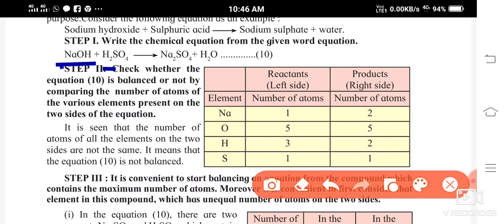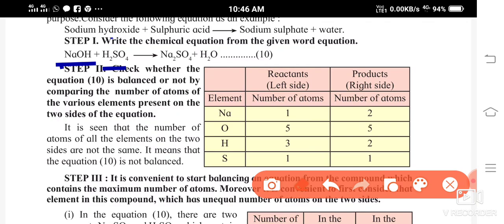Sulfuric acid, see, 2 atoms of hydrogen, 1 atom of sulfur and 4 atoms of oxygen. So 2 plus 1, 3, 3 plus 4, 7, right? So there are 7 atoms in the sulfuric acid.